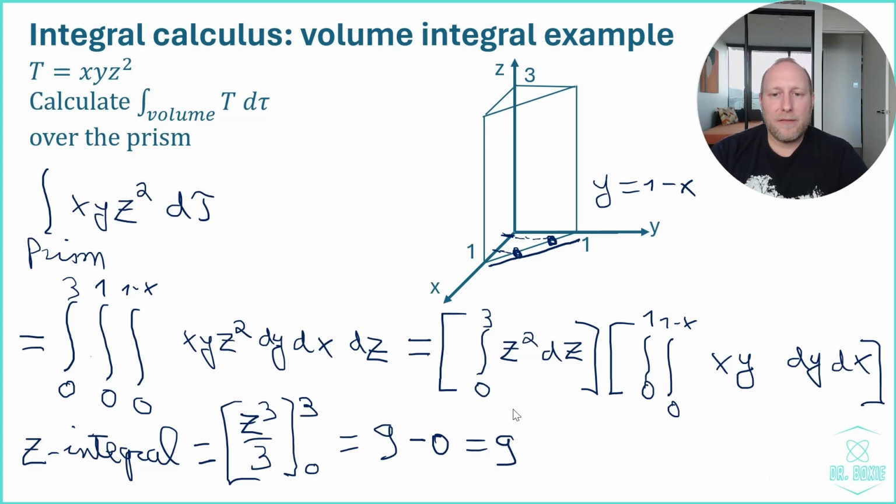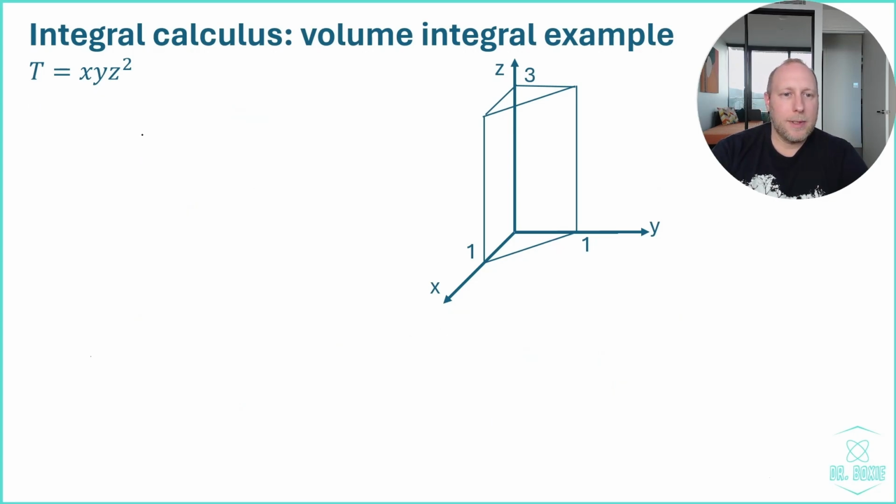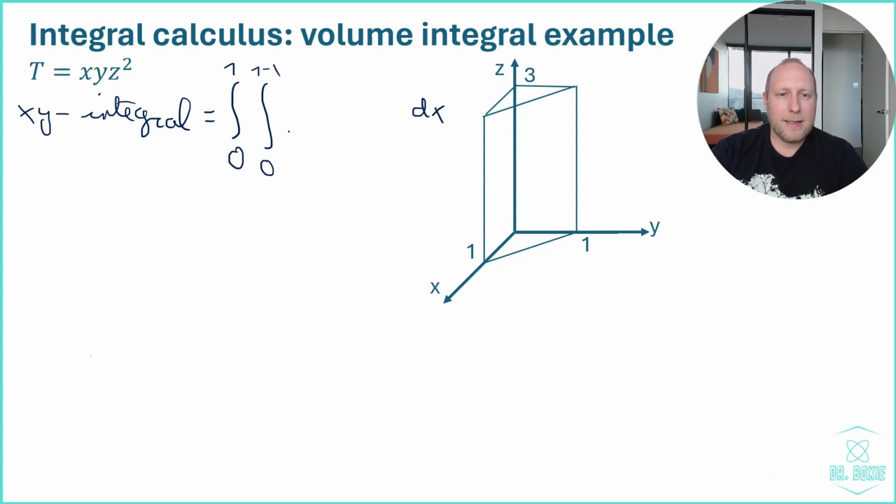We now also have the x and y integral. So the xy integral, which is, I'll rewrite it here, it's the integral of 0 to 1 dx of the integral of 0 to 1 minus x dy of xy. Notice that the x itself in the integrand can be taken out of the y integral.